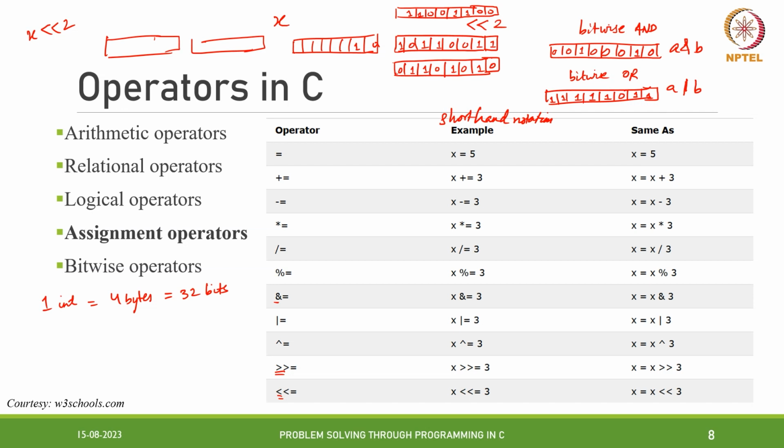Sir, what is bitwise XOR? Do you know what the XOR operation is, generally speaking? This is the bitwise XOR, this cap symbol.